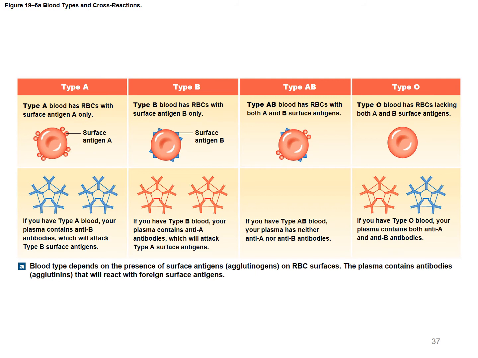In surface antigen B, they have drawn it into a blue triangle. So on your type AB blood, you can see that it has both. But remember, type AB blood has no antibody against anti-A or anti-B. Type O blood, remember, has 0 antigen on the surface of the plasma membrane, but it does have both anti-A and anti-B antibodies.